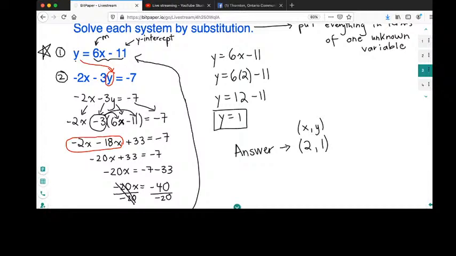But what this really comes down to is the fact that because I have y by itself and I know that y equals 6x minus 11, I'm going to use my math synonym, which is another way of calling substitution, right here, and plug in that value, 6x minus 11, into this concept. So we can only do this when we know that these two equations are equal to each other. And the reason that they're equal to each other, again, is because they are intersecting. And we're asking for the point of intersection.